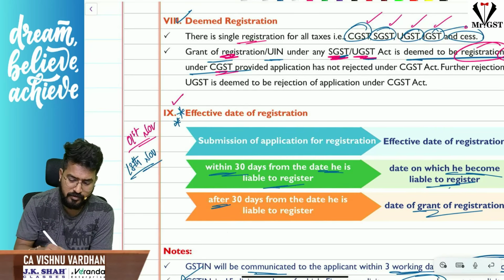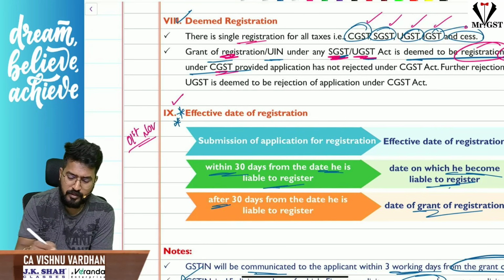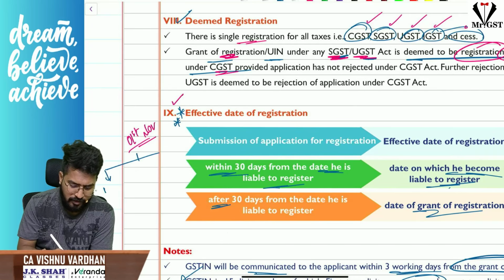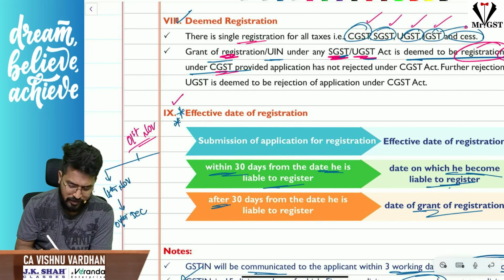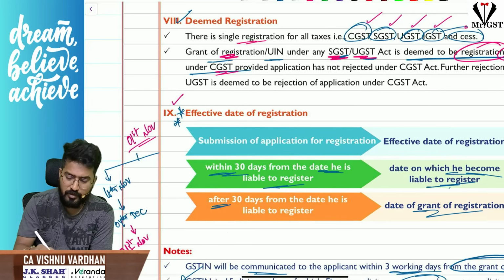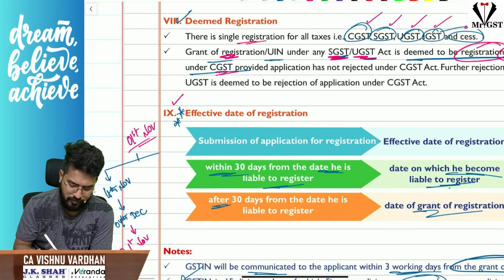Second, sir, 1st November you became liable, 18th November you are making an application, 4th December you are getting the registration certificate. So what is the effective date of registration? The effective date of registration will be 1st November. Okay, that will be 1st November.